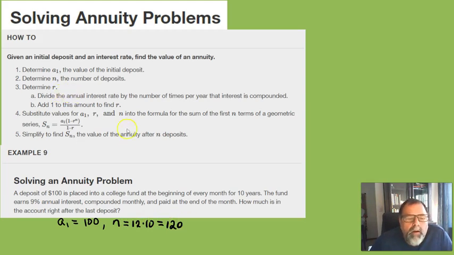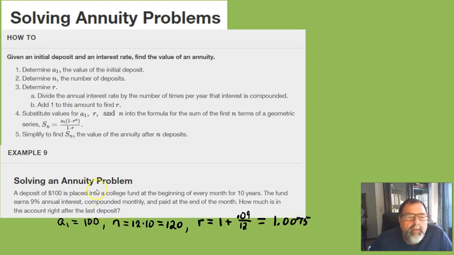And then find R. R is, we're going to take the interest rate divided by the number of times per year, so that's 12. So R is going to be 1 plus, remember we have to add 1 to find R, the interest rate, which is 0.09 divided by 12. Okay, so whatever that is, 1.0075.